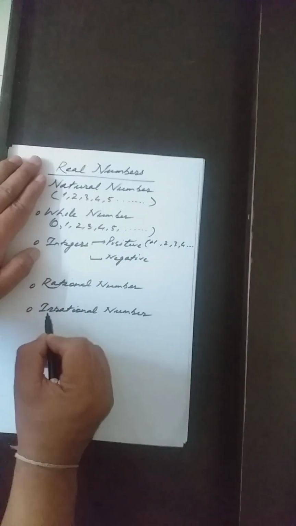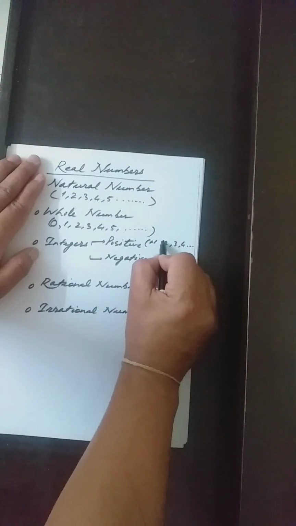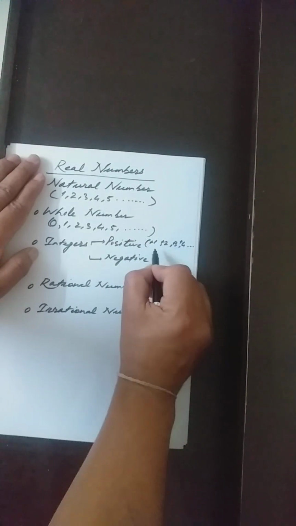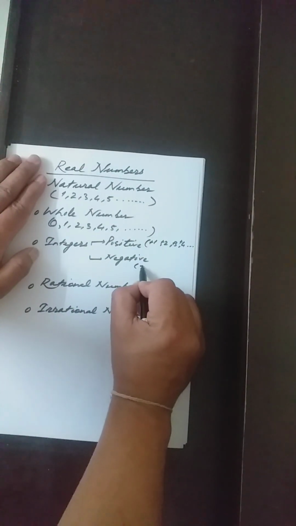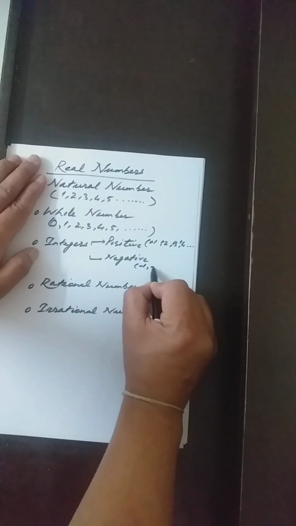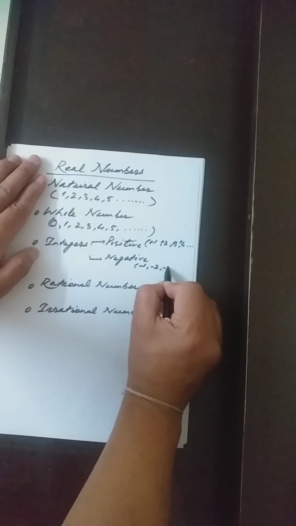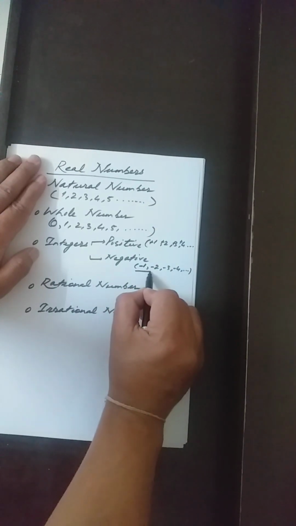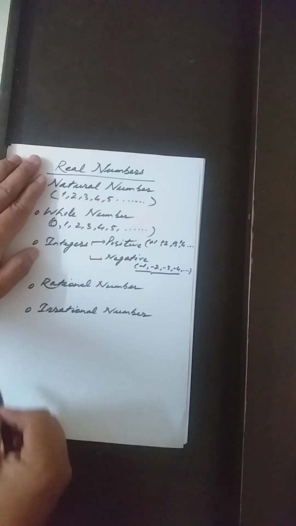When we place a positive sign before each number, say plus 1, plus 2, plus 3, plus 4, these become positive integers. Similarly, using a negative sign before these natural numbers, say minus 1, minus 2, minus 3, minus 4, and so on and so forth, these numbers are called negative integers. So integers are nothing but natural numbers with positive and negative signs.